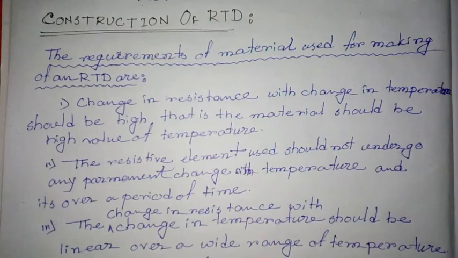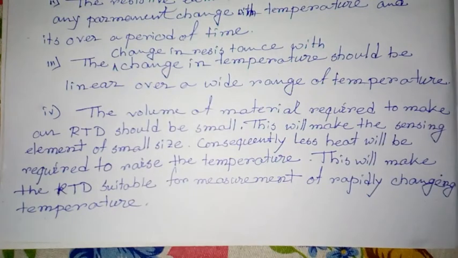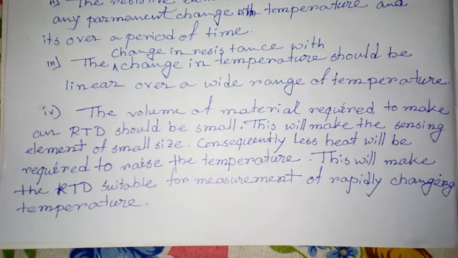The change in resistance with change in temperature should be linear over a wide range of temperature. The volume of material required to make an RTD should be small. This will make the sensing element small in size. Consequently, less heat will be required to raise the temperature.